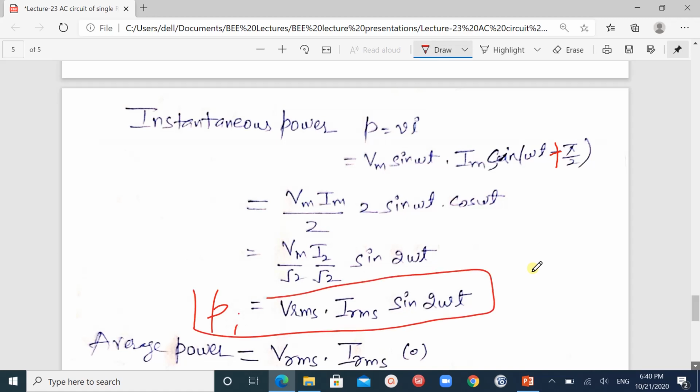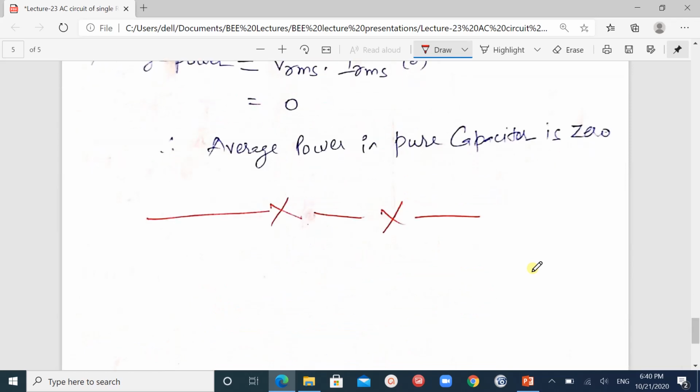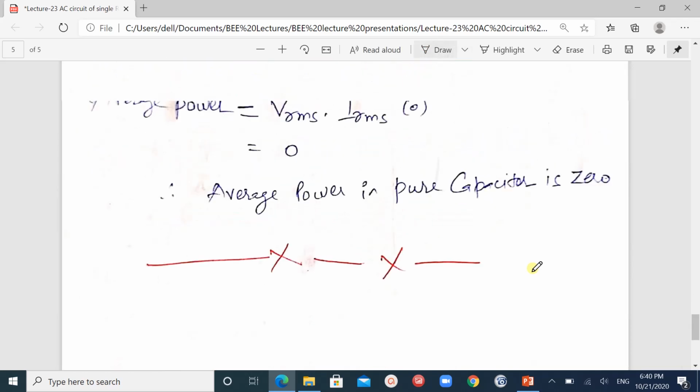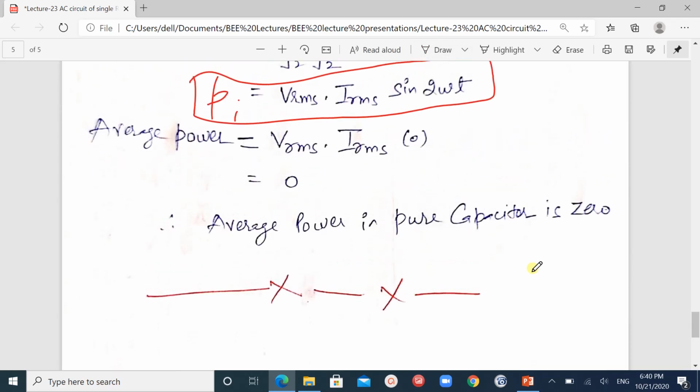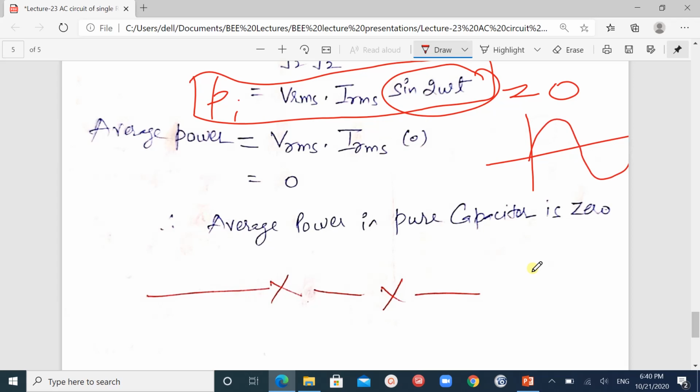Instantaneous power is equal to Vrms into Irms into sin 2 omega t. When we are talking about the average, this value becomes 0, because in the case of average we are considering both the positive and negative cases, from 0 to 2 pi.